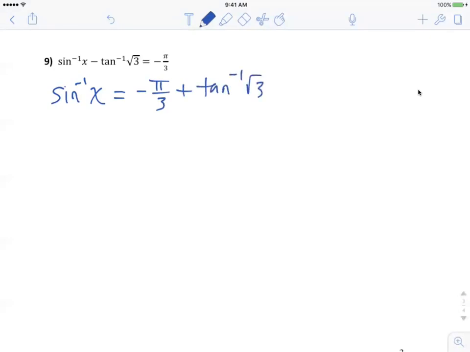Now I'm going to isolate the x by moving the sine inverse out of there. So now x is equal to, if I get rid of that sine inverse, it just becomes sine of the entire other side. So I'll put everything in parentheses.